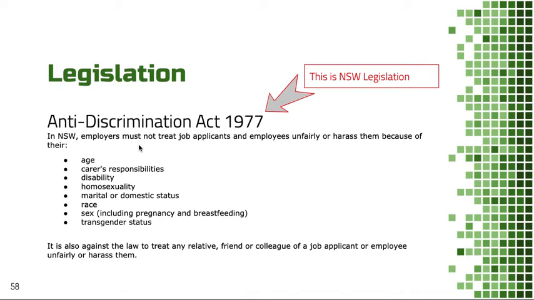It is illegal to harass someone or not treat people equally because of those. It's also against the law to treat their relatives, their friends, their colleagues unfairly or harass them if they associate with someone of age, disability, marital status, etc.